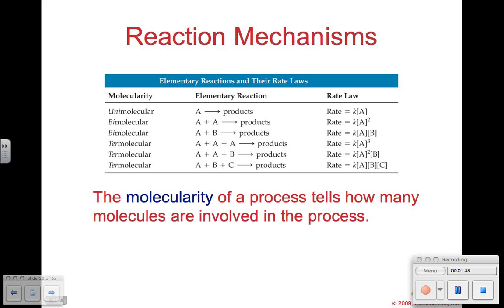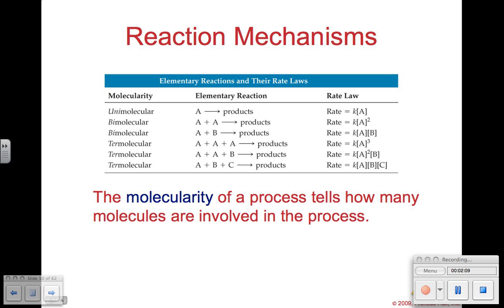So that would be a first order elementary reaction. Other ones that we've looked at are bimolecular, where you need 2 things, so those are second order reactions. And then you get to termolecular, where the reaction requires 3 reactant compounds for it to go forward, and those are very rare.